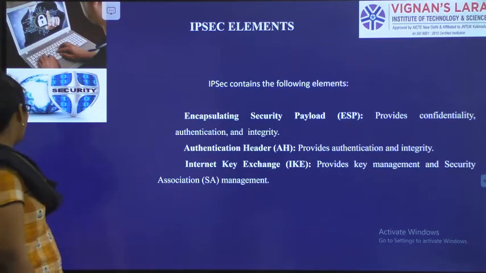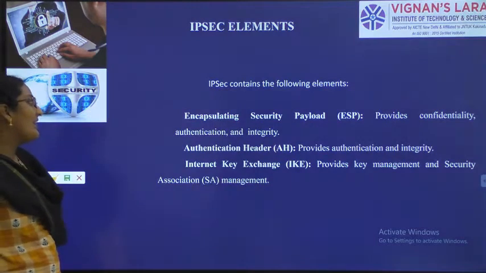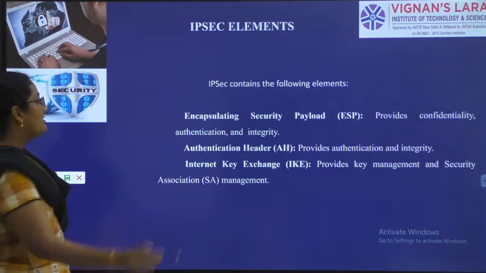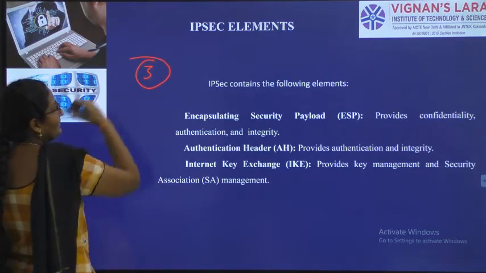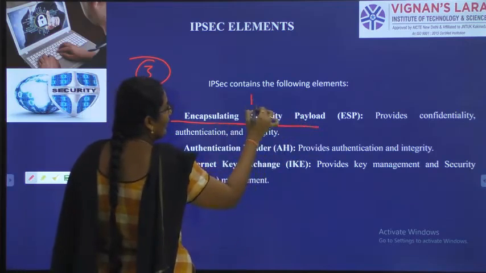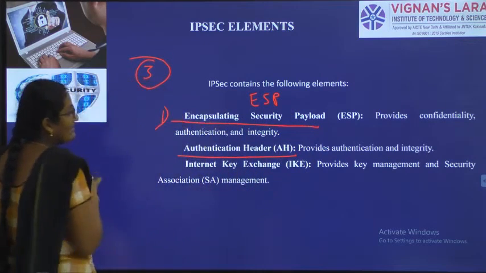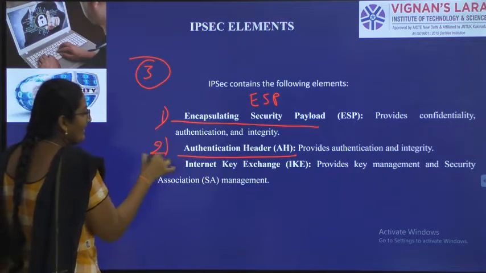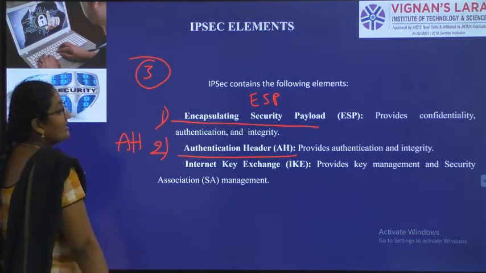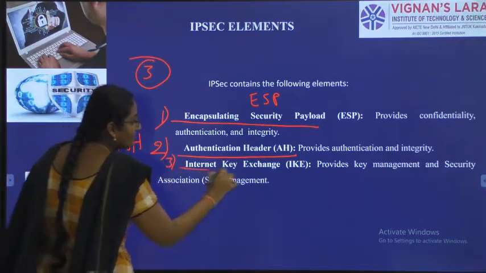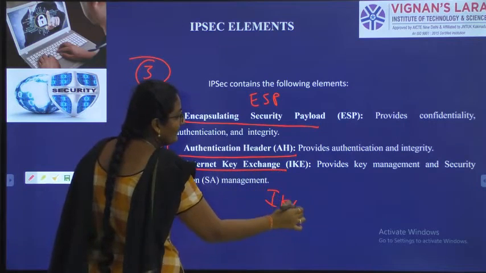So next one, IPsec elements. What are the elements of IPsec? We have three elements. First one is encapsulating security payload, ESP. Second one is authentication header, AH. Third one is internet key exchange, IKE.